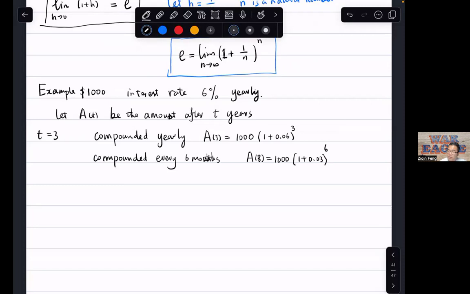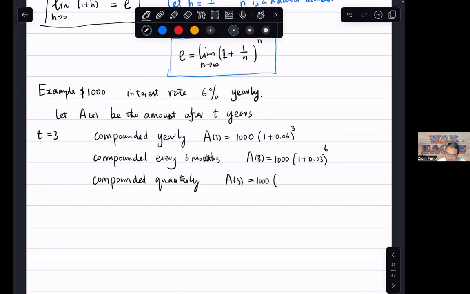And how about compounded quarterly? If this interest is compounded quarterly, then A of 3 is 1,000 times, every 3 months you put in interest.